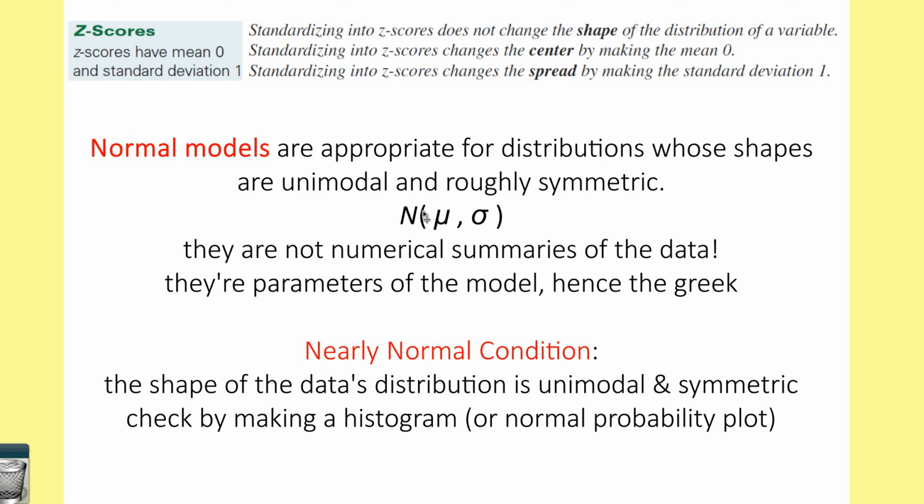For the normal model we use Greek letters, mu and sigma. We use these because they're not numerical summaries. Remember, they don't have units. That's why we're using the Greek letters. They're based on a model.